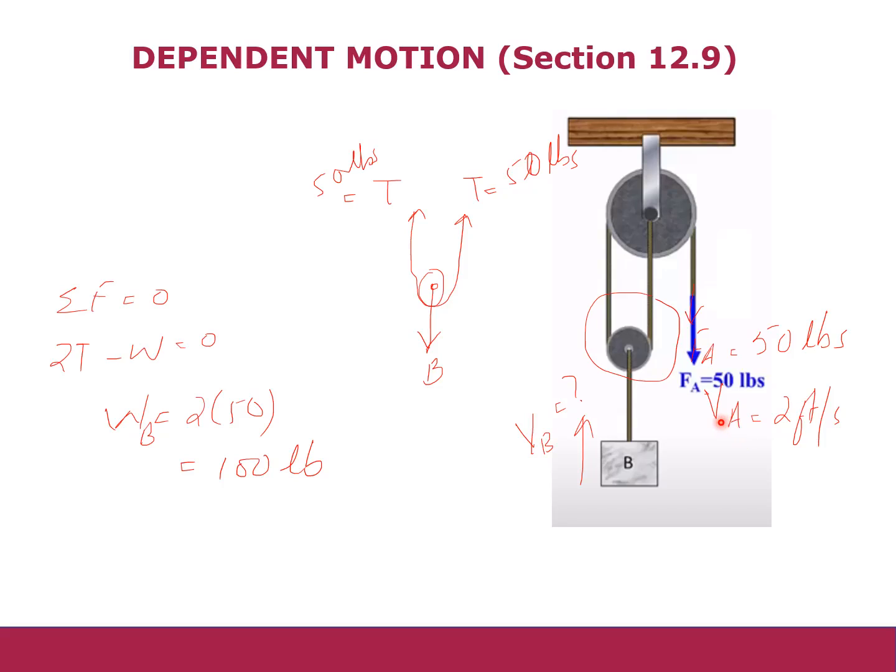Now the problem is that if I am applying the 50-pound force and this point is moving downward with a velocity of 2 feet per second, what is the velocity by which this weight is moving in upward direction? So this is the problem which now we are going to solve.